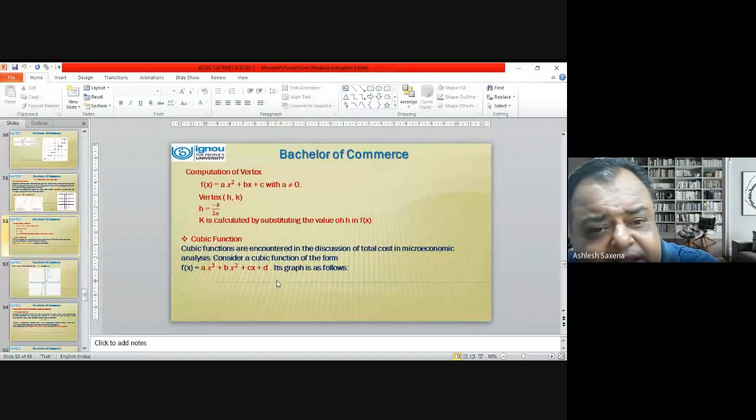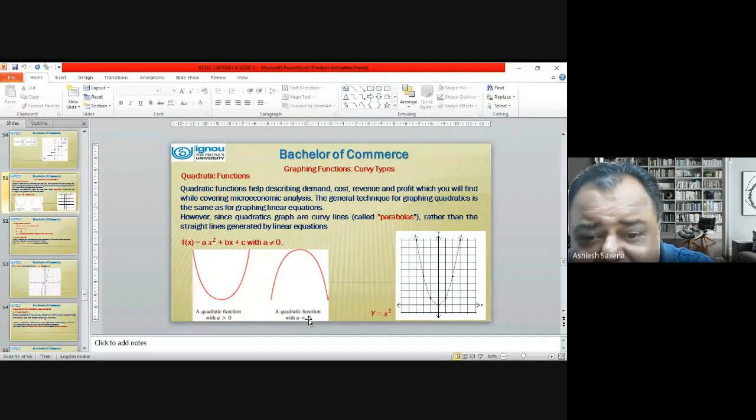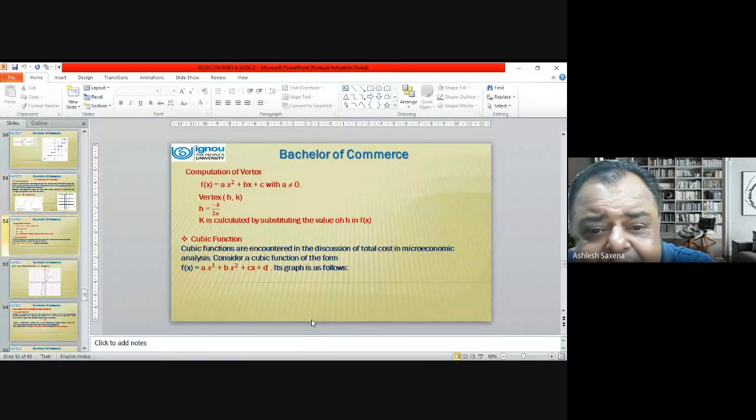Now comes the computation of the vertex. The vertex is the point where it turns. Here, this is the vertex where it turns to the other side. We have a formula. The vertex is denoted by (h, k). This is the function ax squared plus bx plus c.